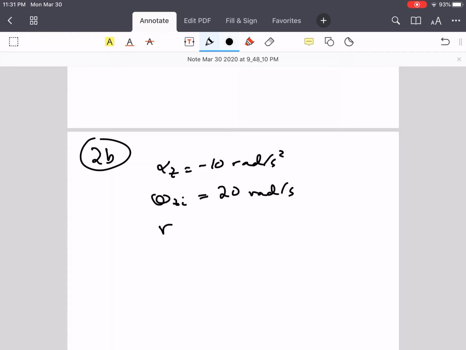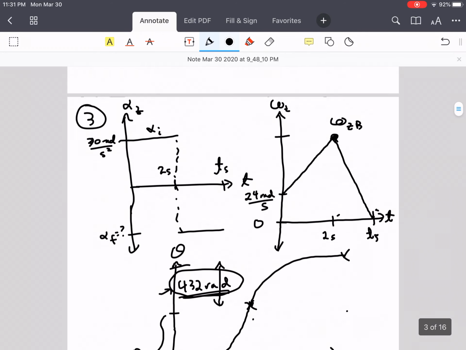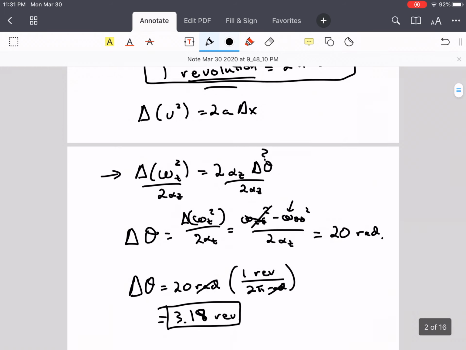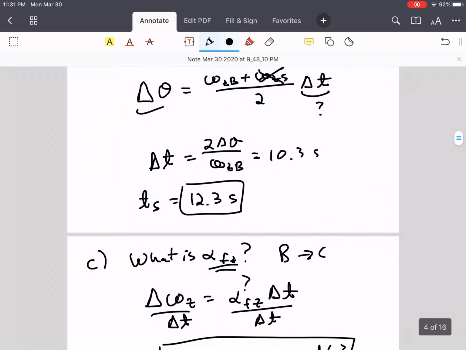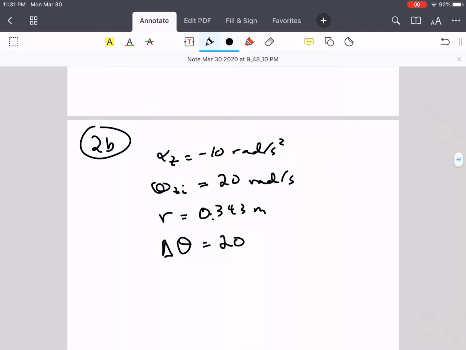I know the radius of the tire is 0.343 meters. And as a quick reminder, the total angular distance it went was 20 radians. So my delta theta is 20 radians.